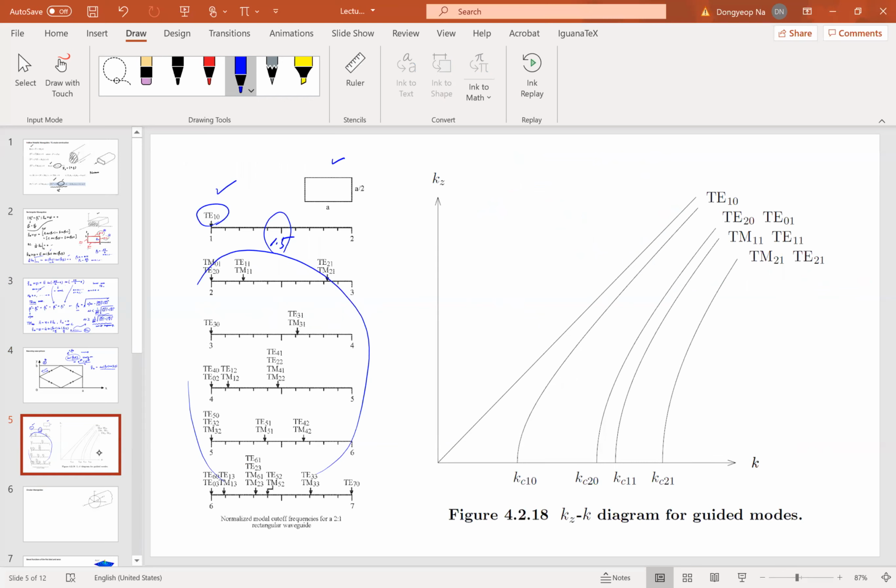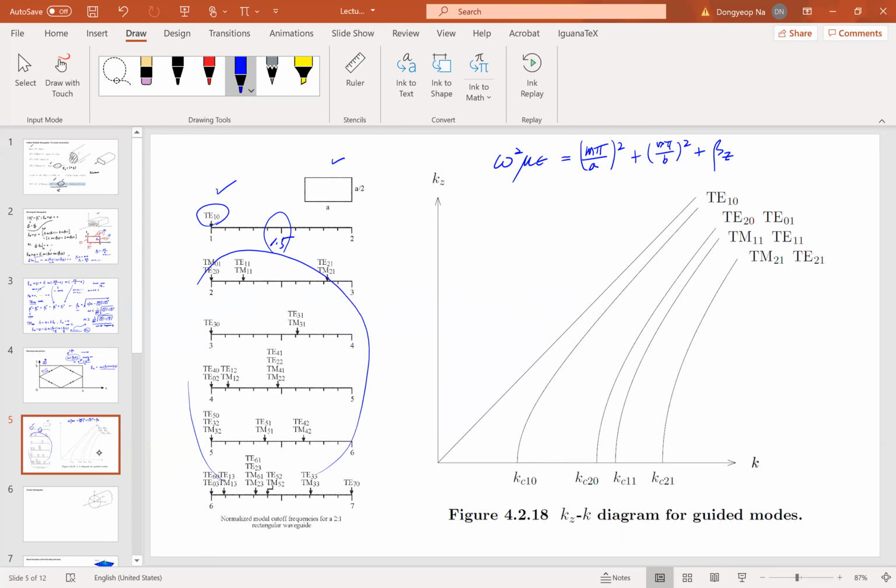So this is the dispersion relation of the TE mode inside the waveguide. Our dispersion was given by omega squared mu epsilon equals m pi over a squared plus n pi over b squared plus beta z squared.